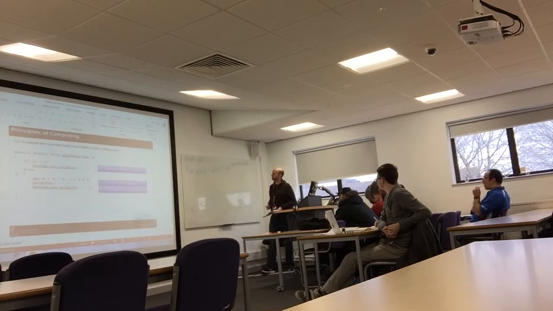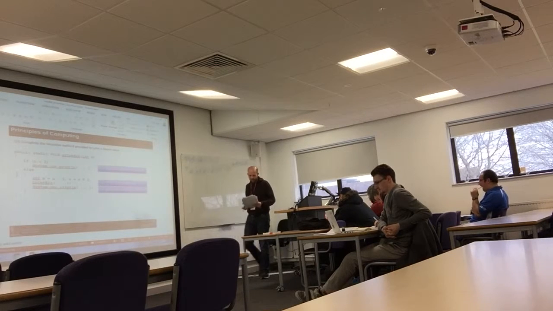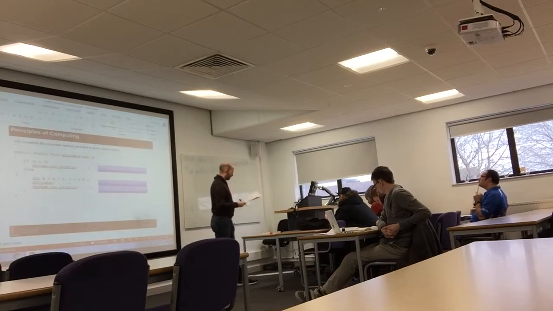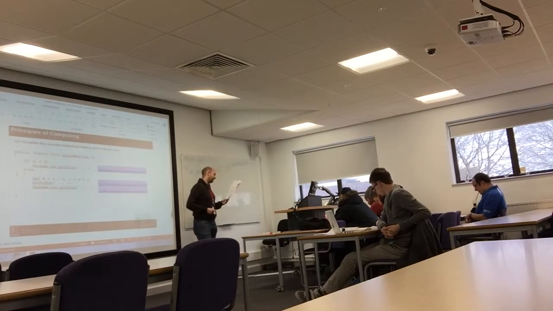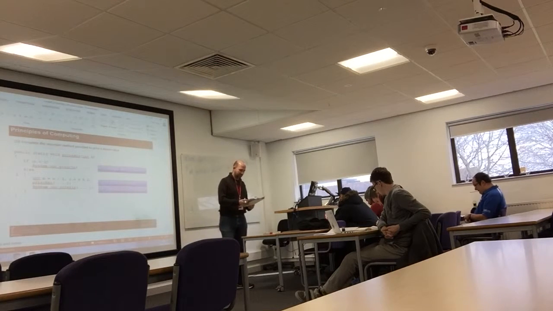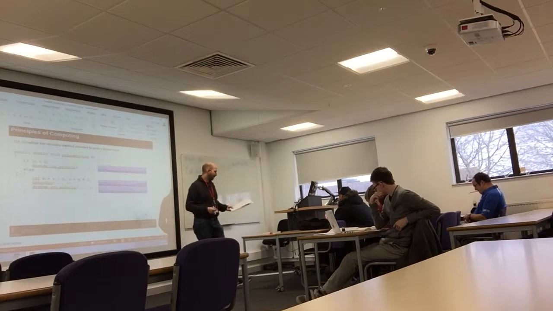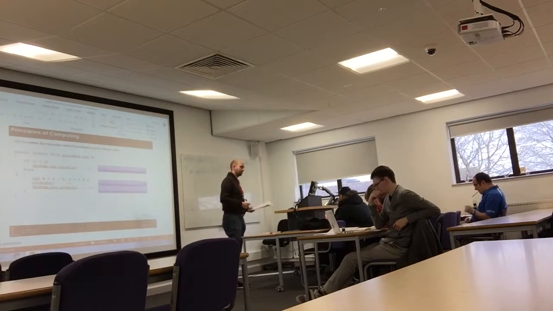We've got a bit of a hint in the question here. It says Euclid worked out a long time ago that if A is greater than or equal to B, then either B is equal to 0 and the GCD is A, or it's the same as GCD(B, A modulus B).